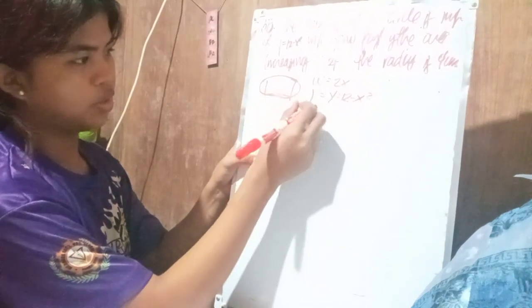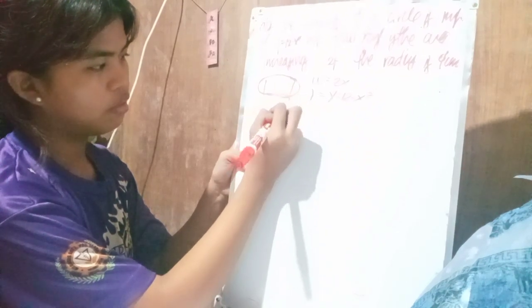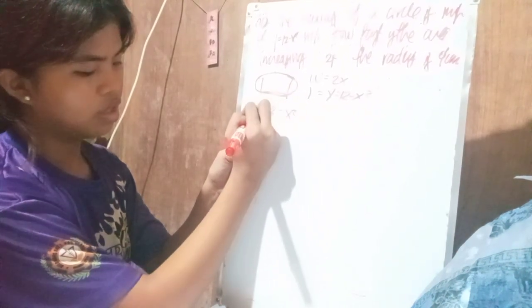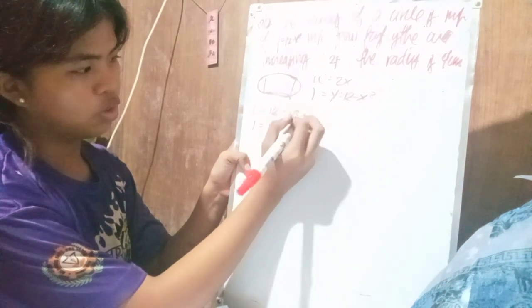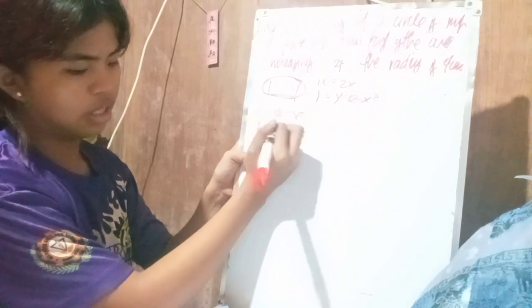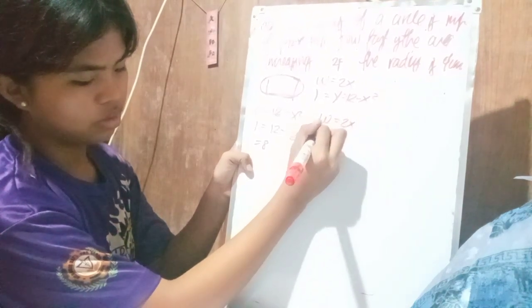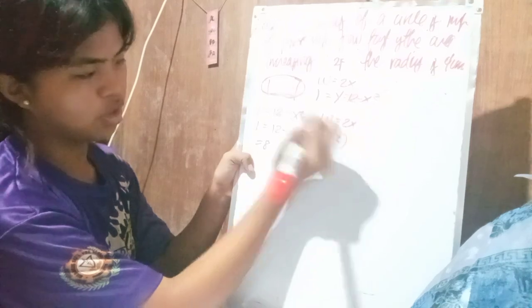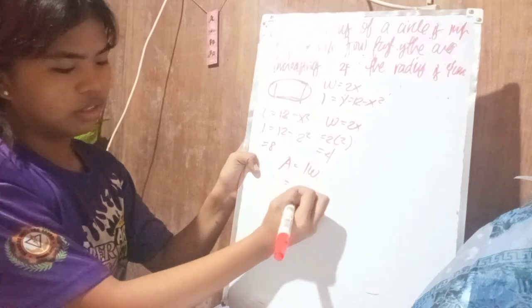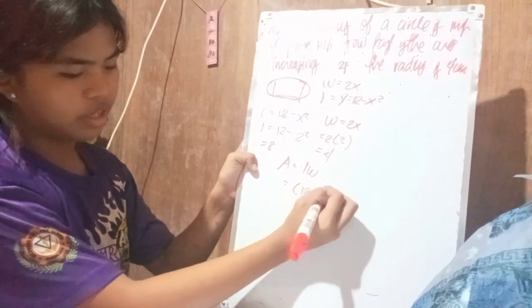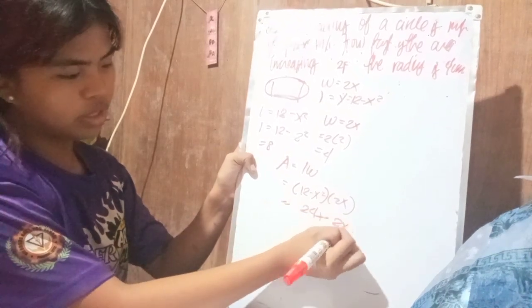So the area is 12 minus x squared times 2x, which equals 24x minus 2x cubed.